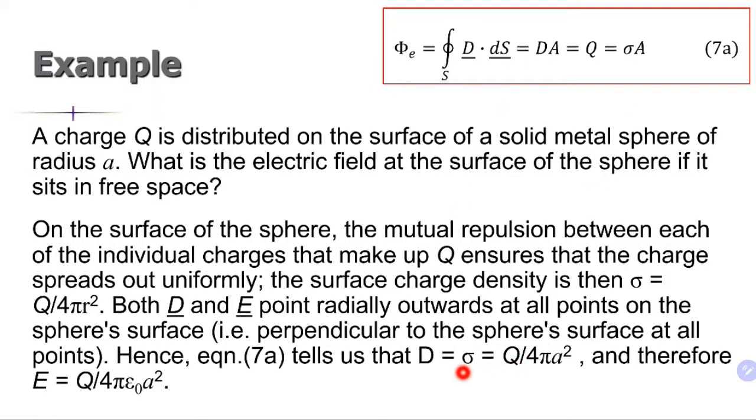And we know that the charge density is equal to Q over 4 pi r squared. R is A, so that will be Q over 4 pi a squared. And therefore the electric field will be equal to Q over 4 pi epsilon naught a squared on the surface of my conducting ball. Okay?